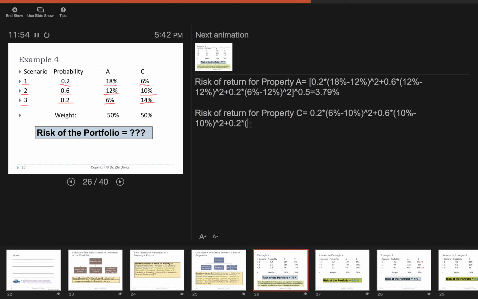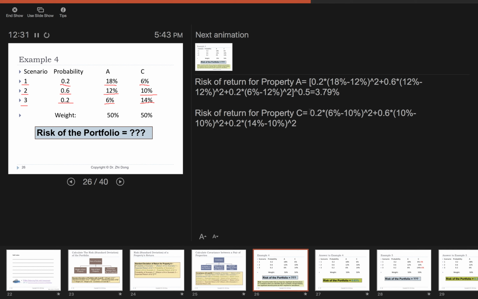So then we have 14% minus property C's expected return, 10%. And we will raise this deviation to the power of 2. So we have completed summing up all 3 possible market scenarios, and we have incorporated the potential deviation of property C's return from its expected return under these 3 market scenarios.